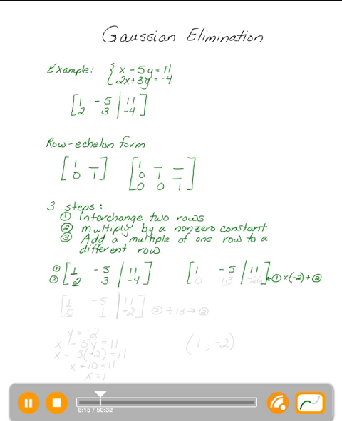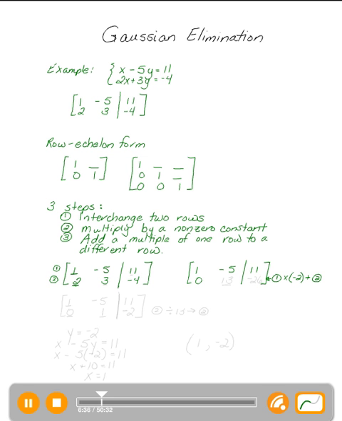So we're going to change row 2 by adding it to a multiple of row 1. We take 1, this number right here, times -2 is -2, plus 2 is 0, and that will go right here.